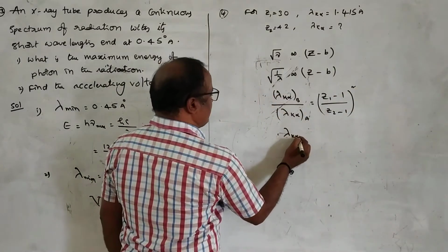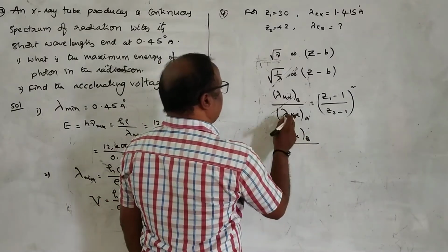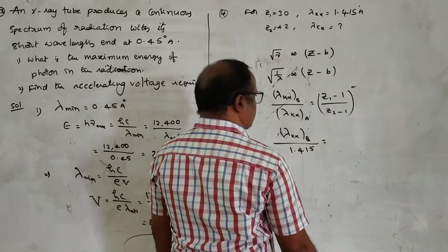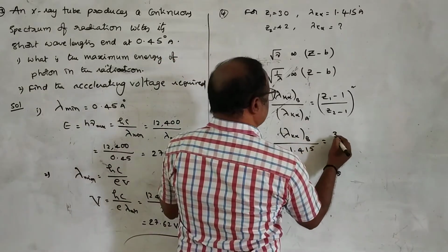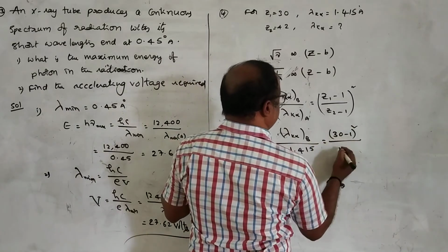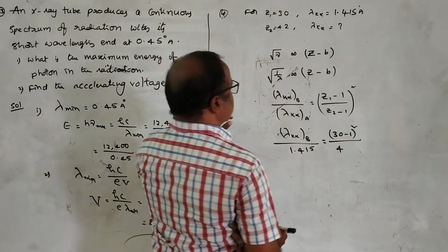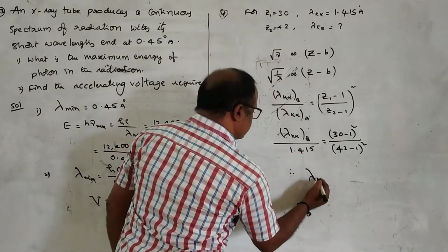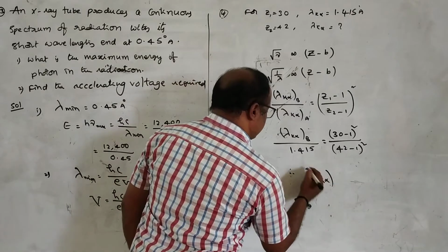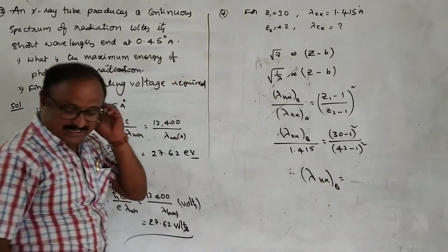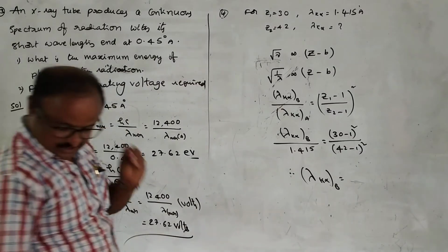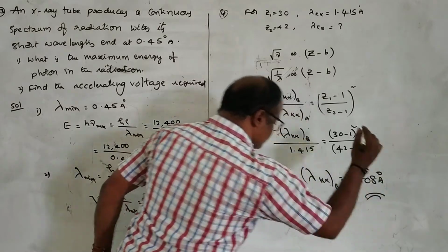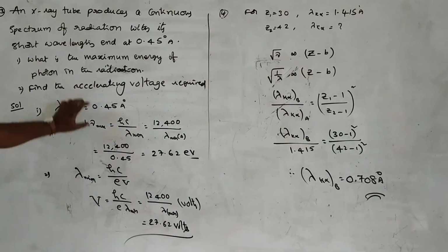So lambda K alpha for B by lambda K alpha for A is equal to 1.415, that is, Z1 minus 1, 30 minus 1, whole square, by the second case, 42 minus 1, whole square. Solving this, lambda for K alpha in case of the metal B is given by 0.708 angstroms, right? Okay, note these problems.